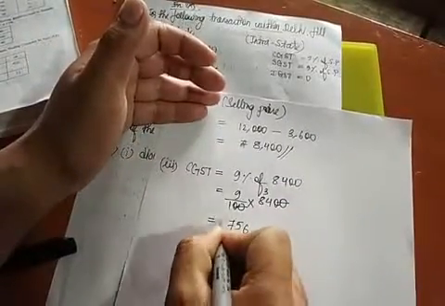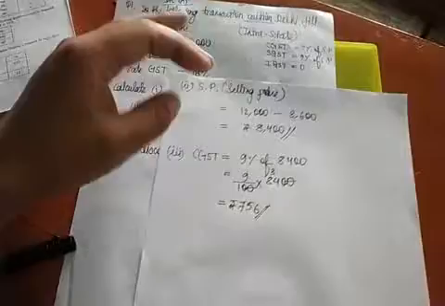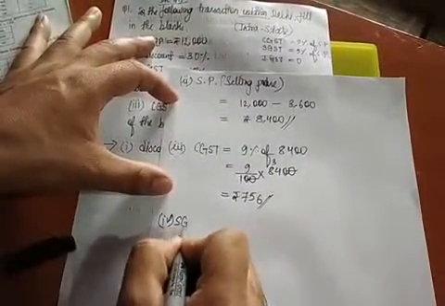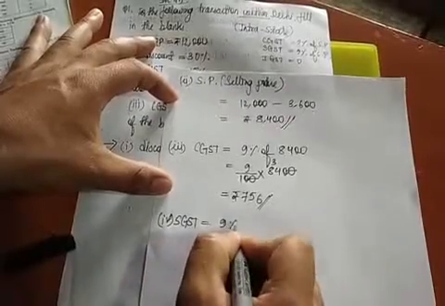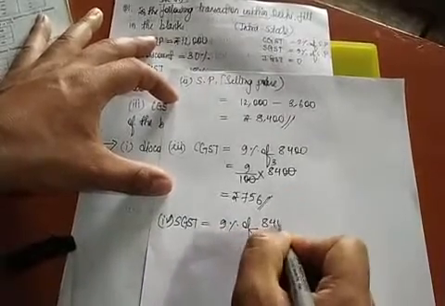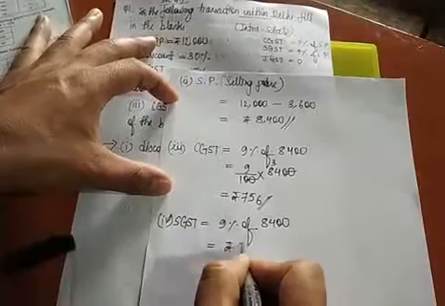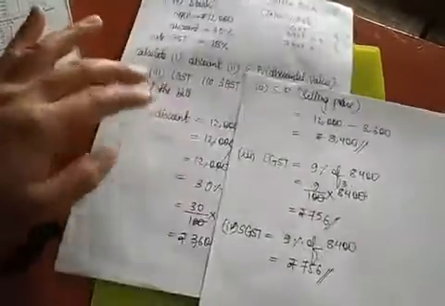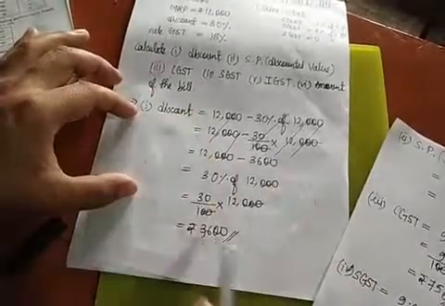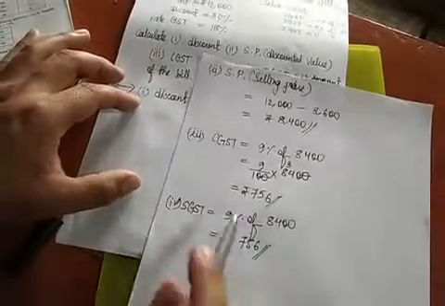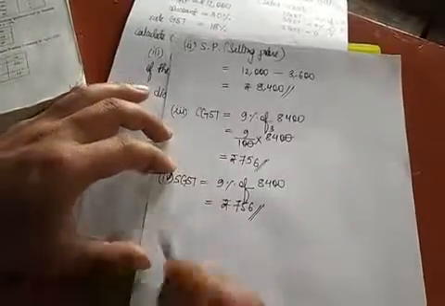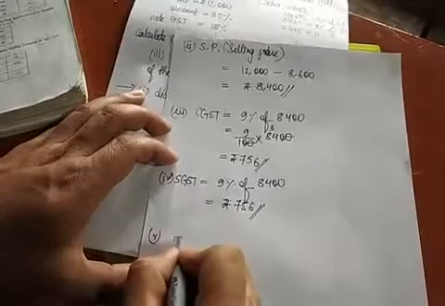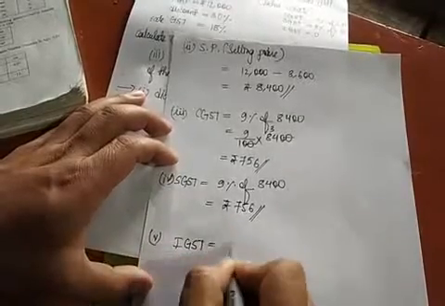So rupees 756 is going to be your CGST, as well as SGST is also the same thing, 9% of 8400, which is going to be rupees 756. So first was discount, then selling price, then CGST, after that SGST. Since it is a case of intrastate, IGST will be straight away 0.